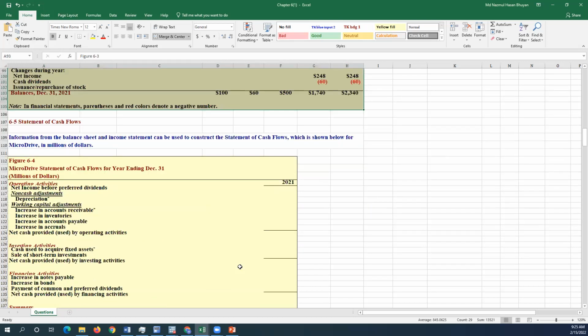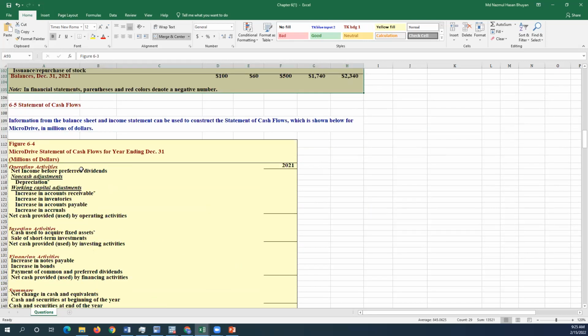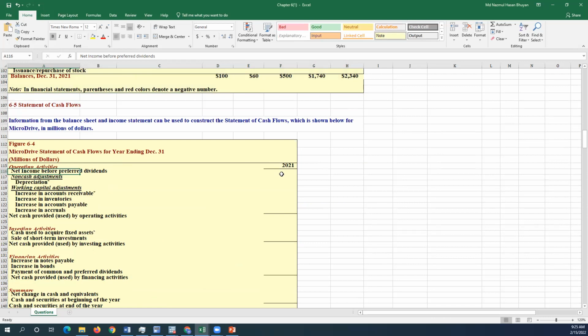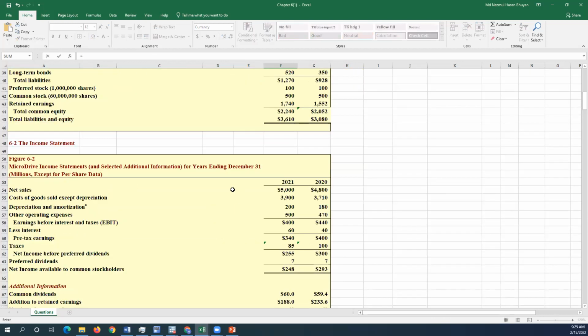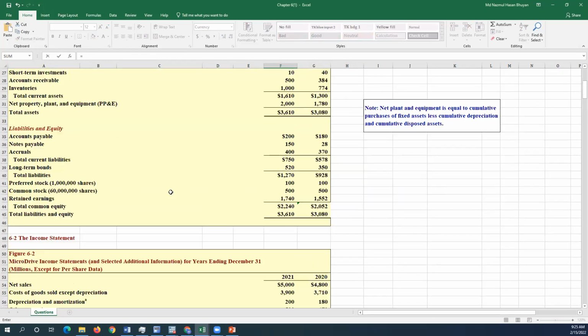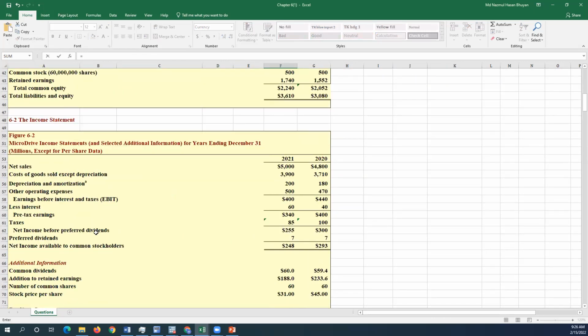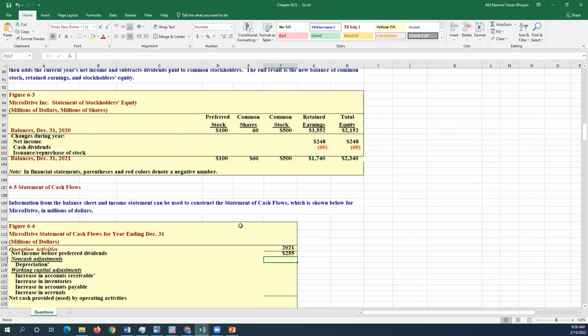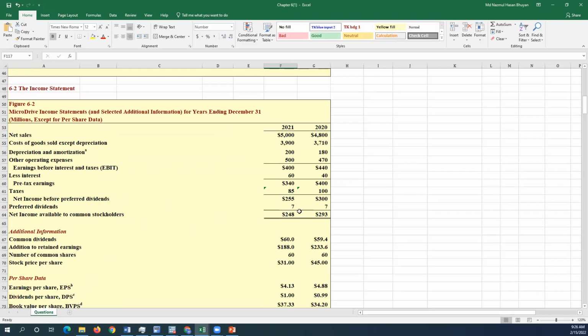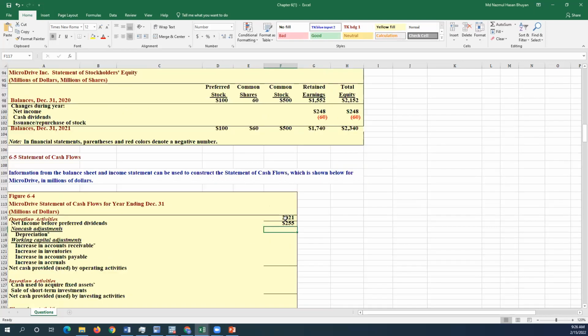Let us now move to the statement of cash flows. Here, we are going to first start with the net income we reported in our income statement. Net income before preferred dividends is 255. Again, net income before preferred dividend reported in the income statement is 255.